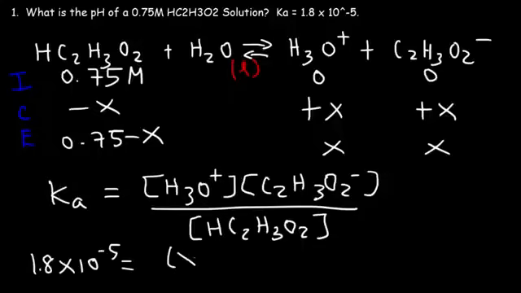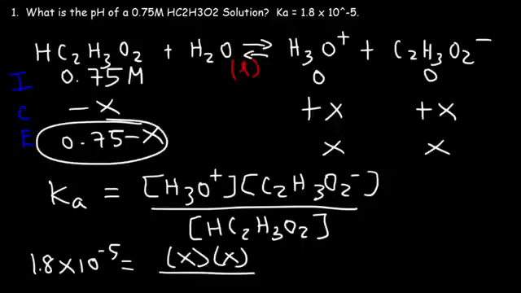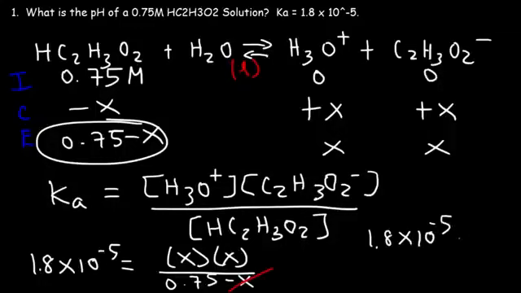H3O+ and acetate are both equal to x. Acetic acid at equilibrium is 0.75 minus x. Now because 10 to the minus 5 is pretty small, we can ignore this x. So therefore Ka is equal to x squared divided by 0.75.